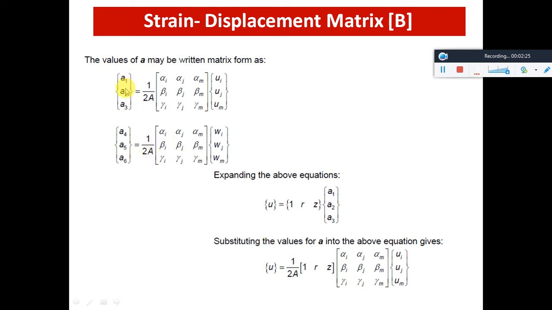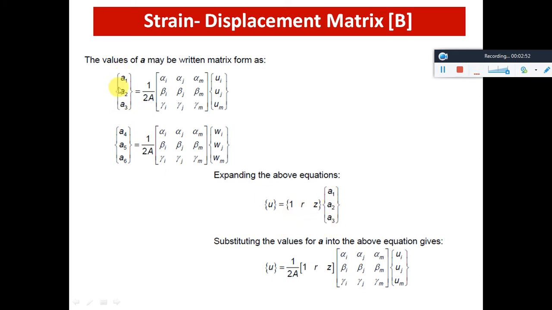So this is how we arrive at a1, a2, a3, a4, a5, a6, and finally you have to combine these two matrices. Before that, see what is u at r comma z, that is a1 plus a2 r plus a3 z. That expression alone I am writing in matrix form as 1 r z into a1, a2, a3.